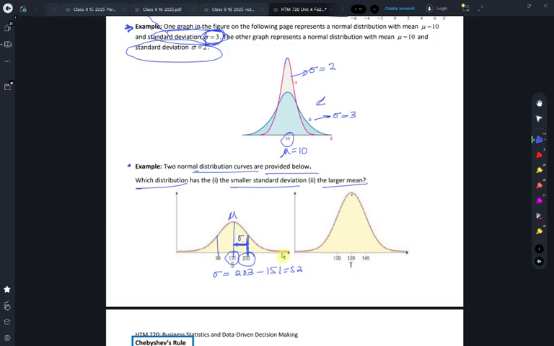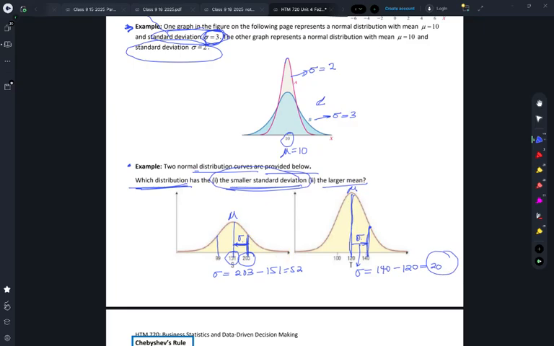Whereas for normal distribution T, the mean is 120, and the step between the mean and the first inflection point, or the upper inflection point, is the standard deviation. The standard deviation then will be 140 minus 120, which is 20. So we now have the information that we need to determine which distribution has smaller standard deviation.